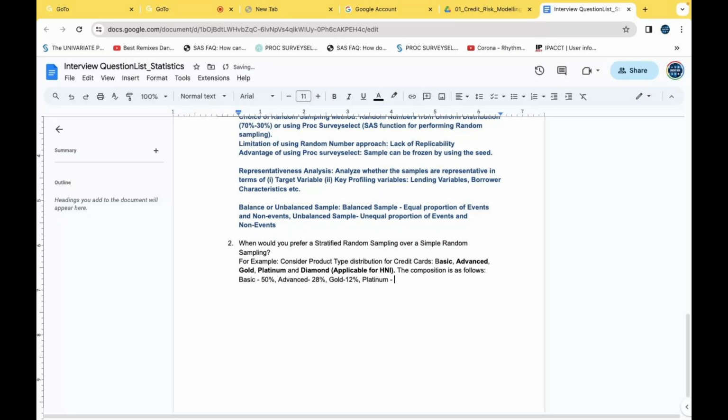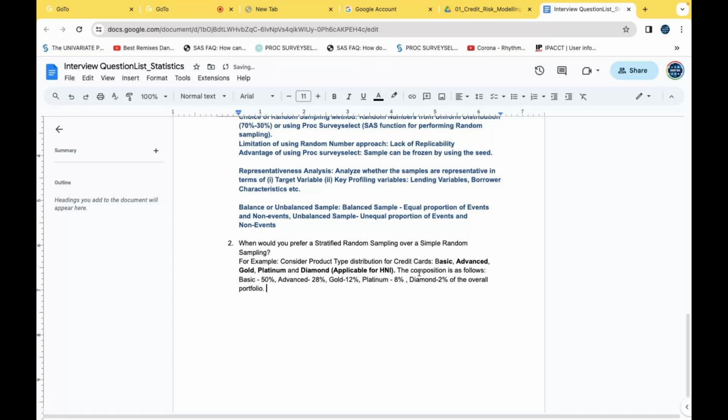Platinum comprises 8%, and diamond comprises 2% of the overall portfolio of the bank.